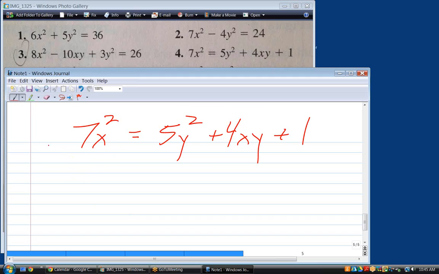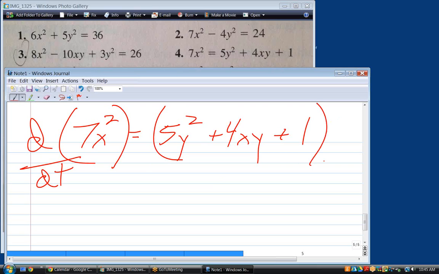If I wanted, I could take the derivative of both sides relative to t. Well, how do you do that? Well, now, since x is not t, this would become 14x dx dt.